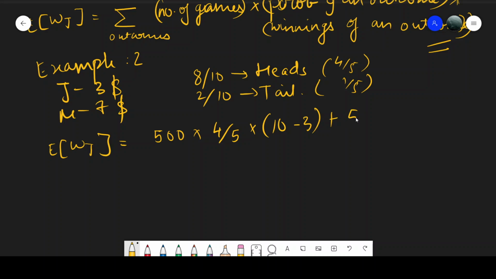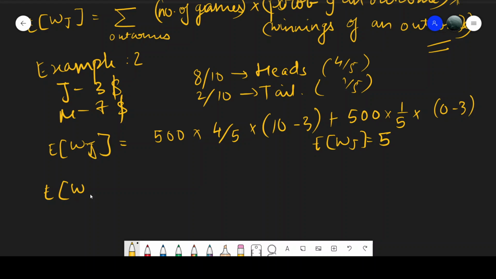Plus 500, if a tail turns up, into 1 by 5, into 0 minus 3. If you calculate this, you will get 5. So the expected winning of John is equal to 5.